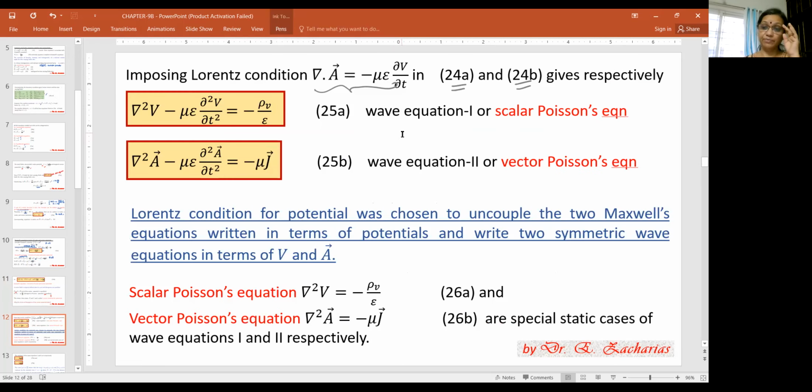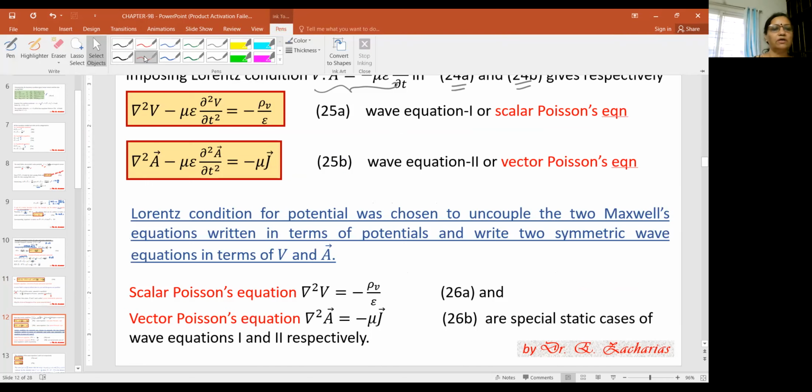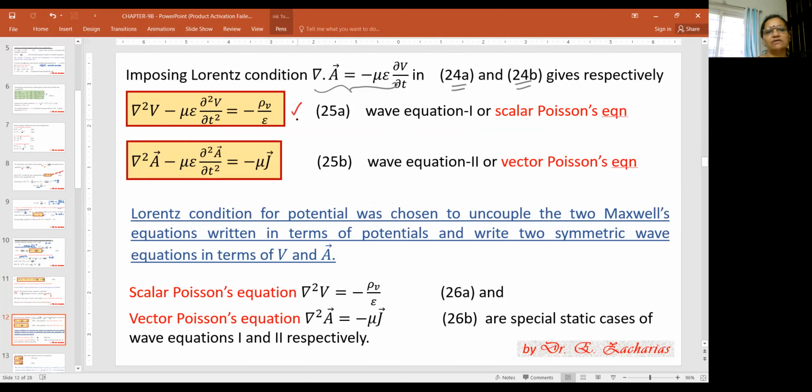Once you do that and simplify, the mathematics I don't want to waste my time doing, you're going to get this equation for Gauss law, and the Ampere's law will get modified and you will get this. In other words, you are looking at equation 25A.